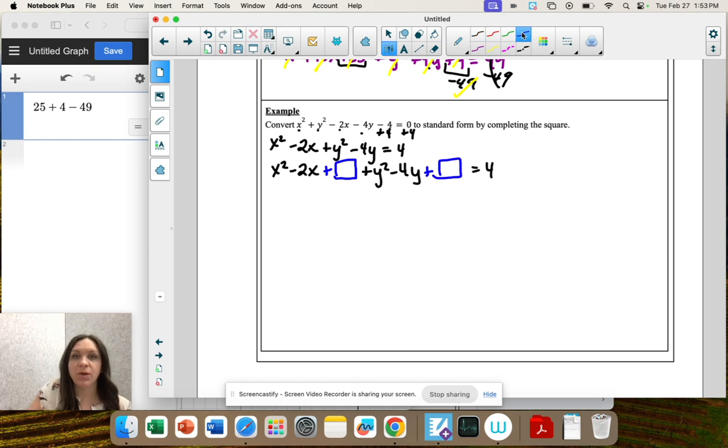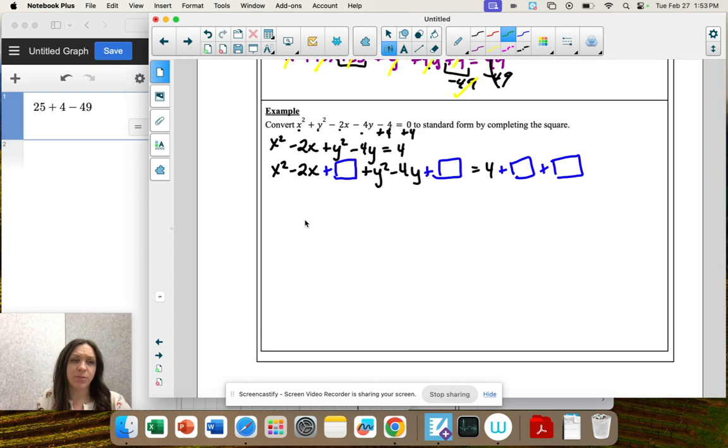And then guess what? You can't just add numbers on the left side of your equation and be like, okay. No, you have to add those same numbers on the right. Okay, that means that we're changing the equation, but not really. If I add a number here and add a number here, nothing's changed. So we're keeping it balanced.